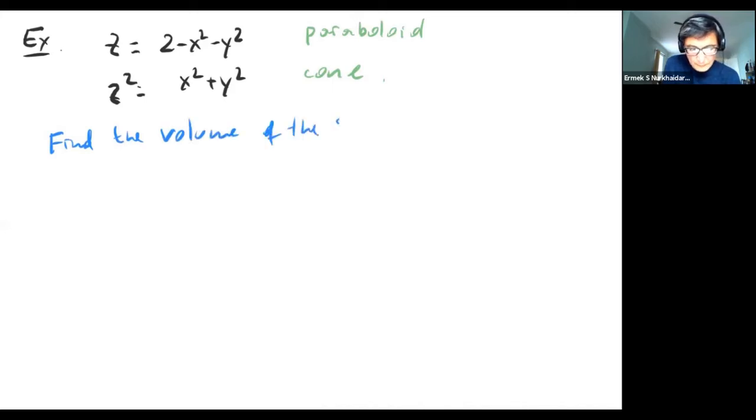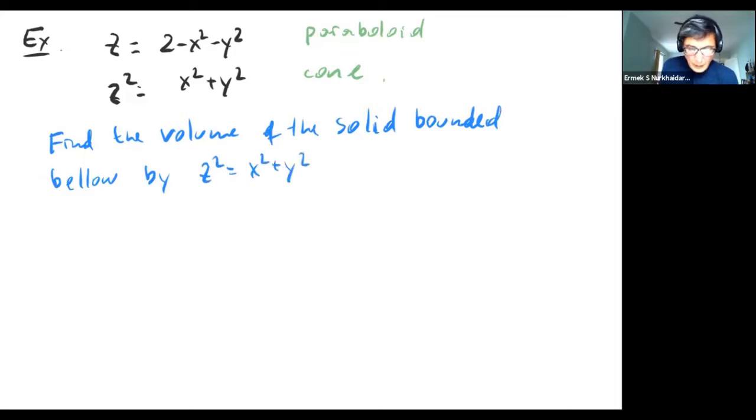The solid is bounded below by the cone, z squared equals x squared plus y squared, and above by the paraboloid, z equals 2 minus x squared minus y squared.